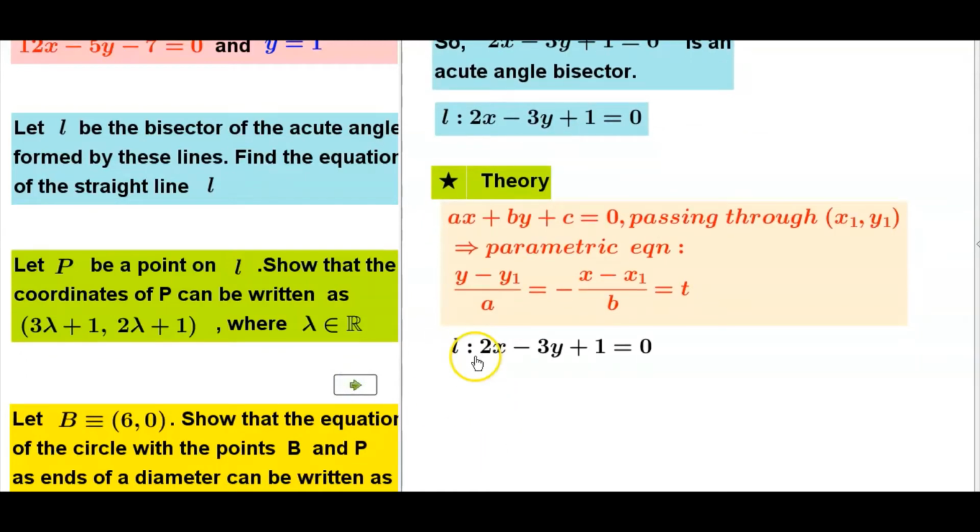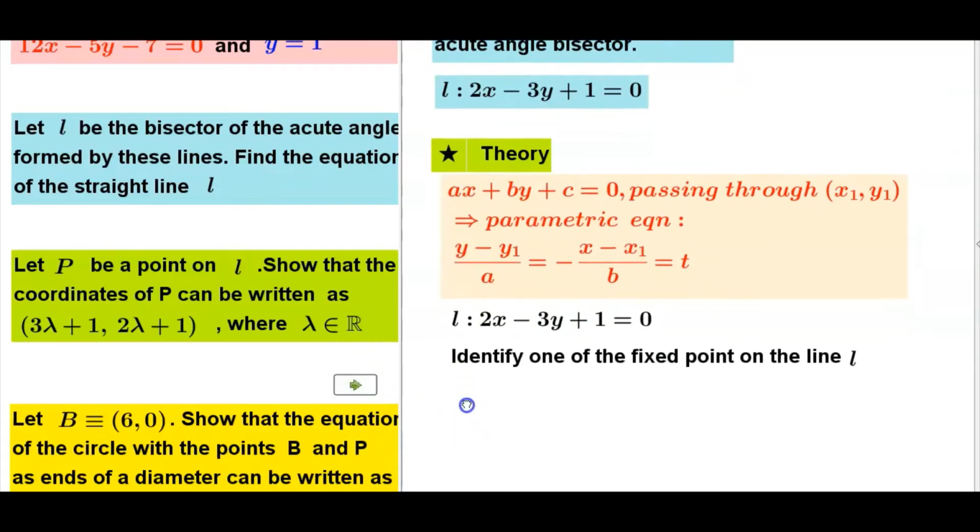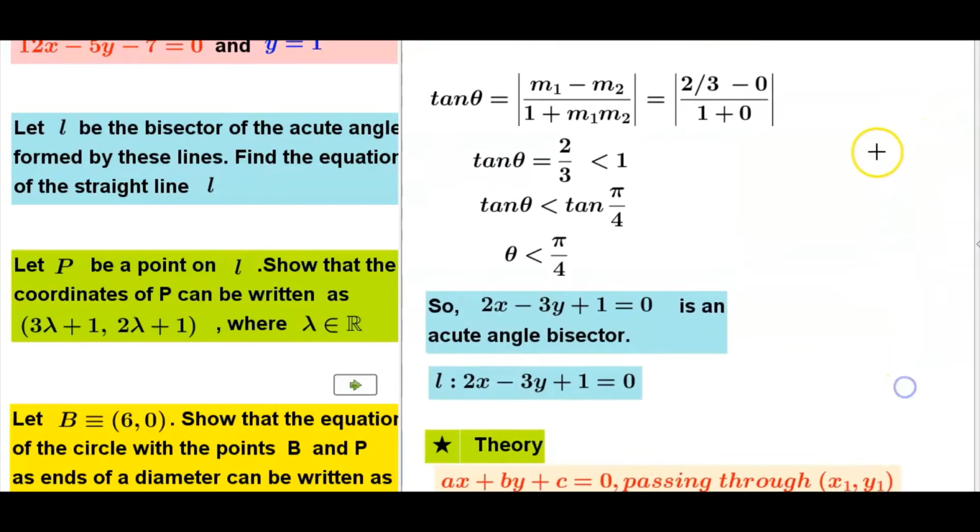Our line is L, 2x minus 3y plus 1 equal to 0. We want to find the parametric equation of this line. To do that, we need to identify one fixed point on this line.